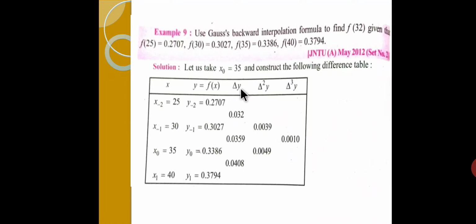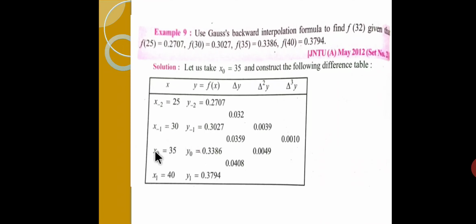So let us consider the difference table. Here x values are 25, 30, 35, 40. We have to find the value of y at x equal to 32. So the place values are x minus 2, x minus 1, x naught equal to 35, x1 equal to 40.